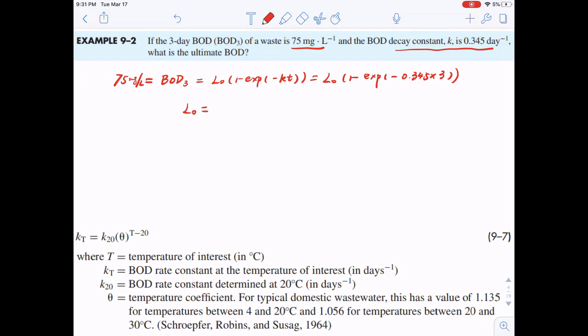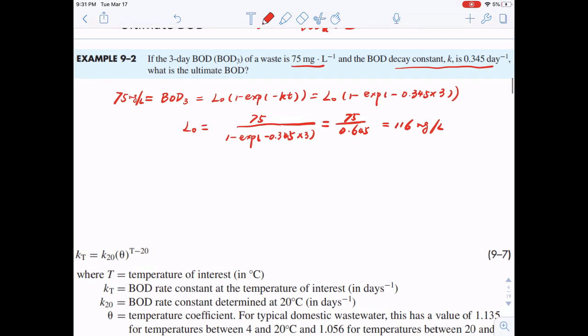Based on this relationship, we can calculate the ultimate BOD, which is 75 divided by 1 minus exponential of minus 0.345 multiplied by 3. The final value is 75 divided by 0.645, which is 116 milligram per liter.